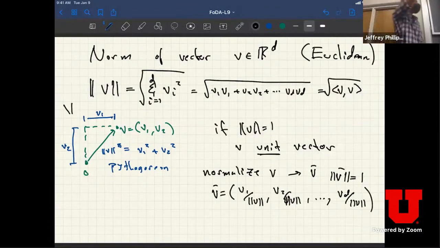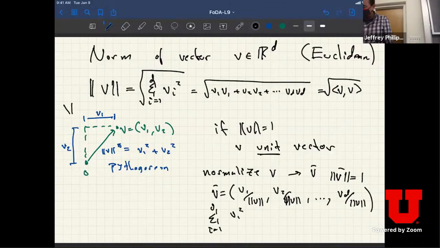So what happens now if I square each of these terms and I add them up and then I take the square root? I'm taking a sum over i from 1 to D. I'm going to get Vi squared divided by the norm of V squared. This term at the bottom can factor out of the sum.